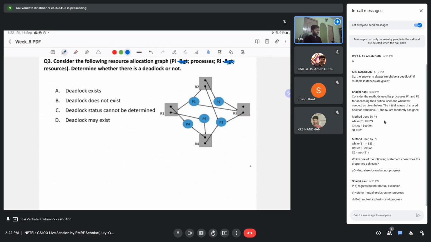The first thing is you should see whether a cycle is there. So, can anyone find a cycle in this graph? Any guesses whether there's a cycle or not?